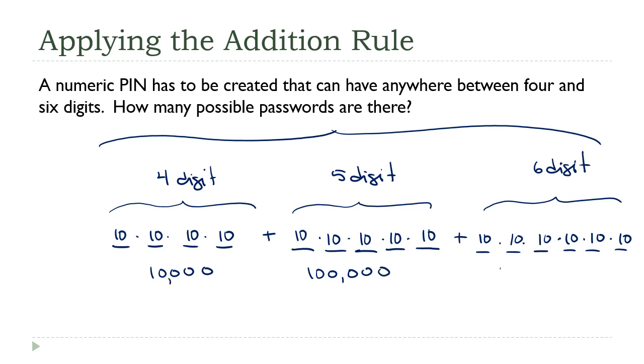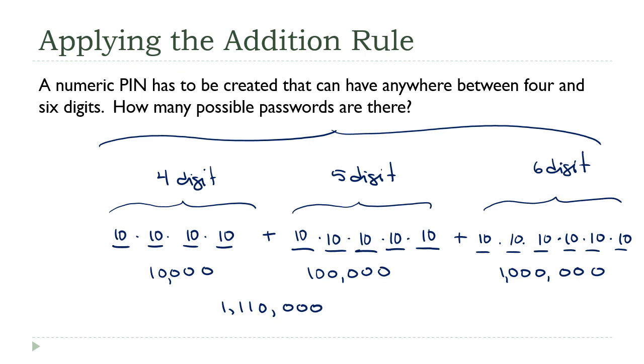And finally, this one here is 1,000,000, 1 and 6 zeros. And if we add all of those together, we get 1,110,000 possible pin numbers.